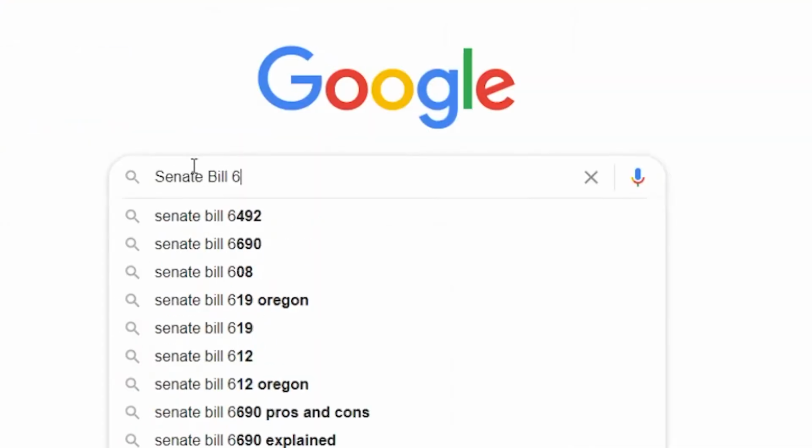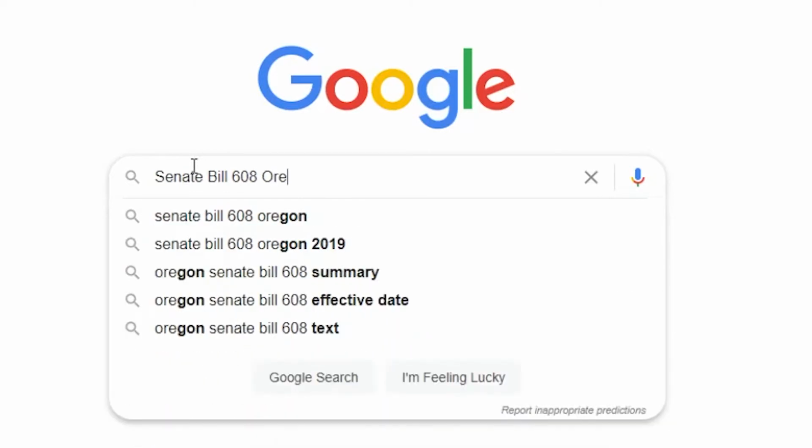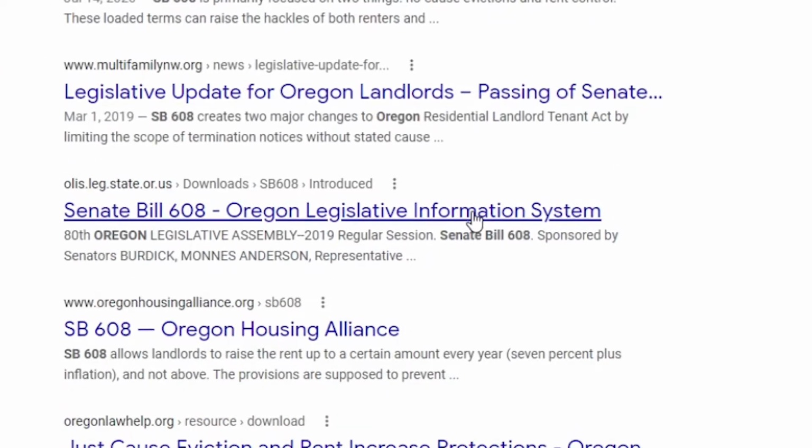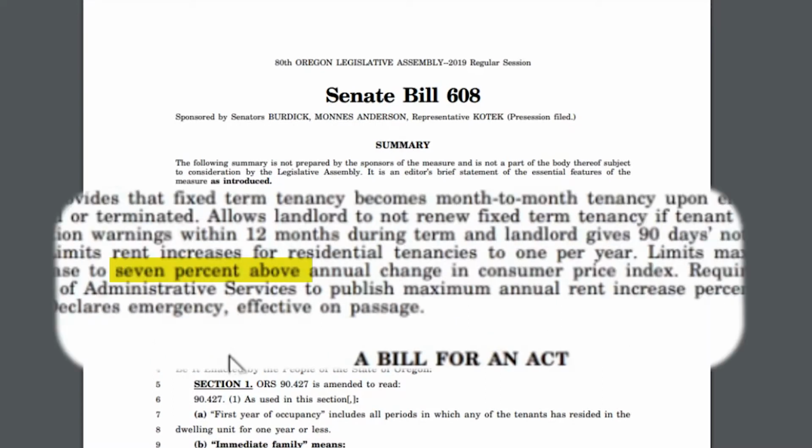Now, the state of Oregon has its own rules and other states have other rules. But in the state of Oregon, ever since Senate Bill 608, the maximum rent increase on any property in the state of Oregon is 7% plus consumer price index. And this isn't the normal consumer price index that you would look up online, or even the federal consumer price index.